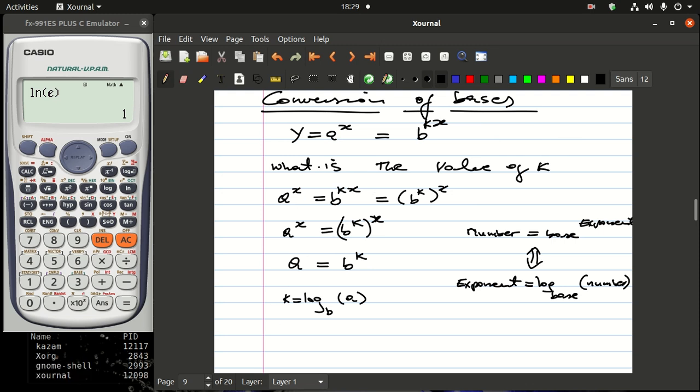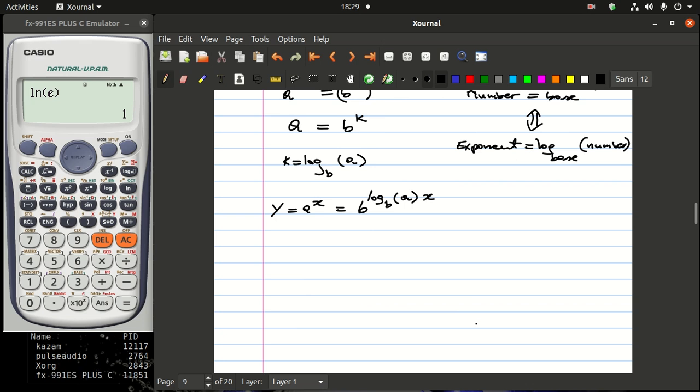Which means now, if I want to rewrite y is equal to a to the power x in this form b to the power kx, then my y, which is equal to a to the power x, is going to be equal to b, and then the value of this k here is going to be log base b of a, and then I have an x there.